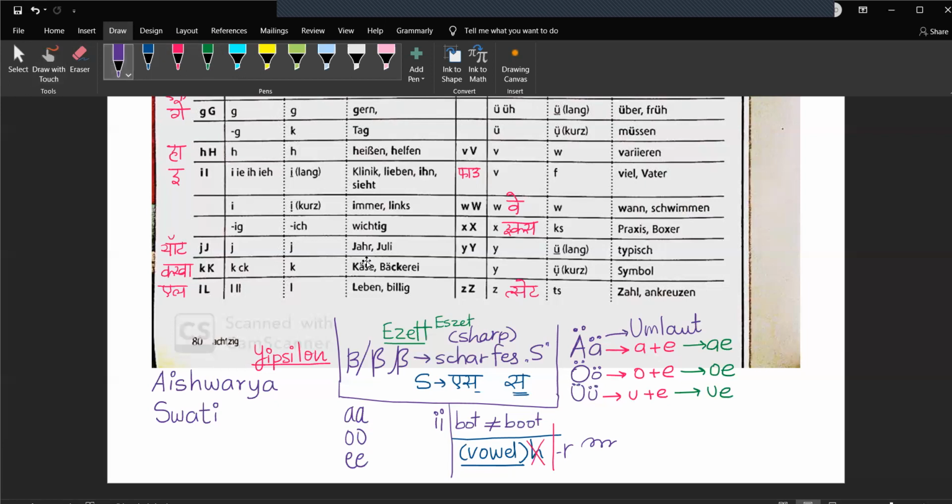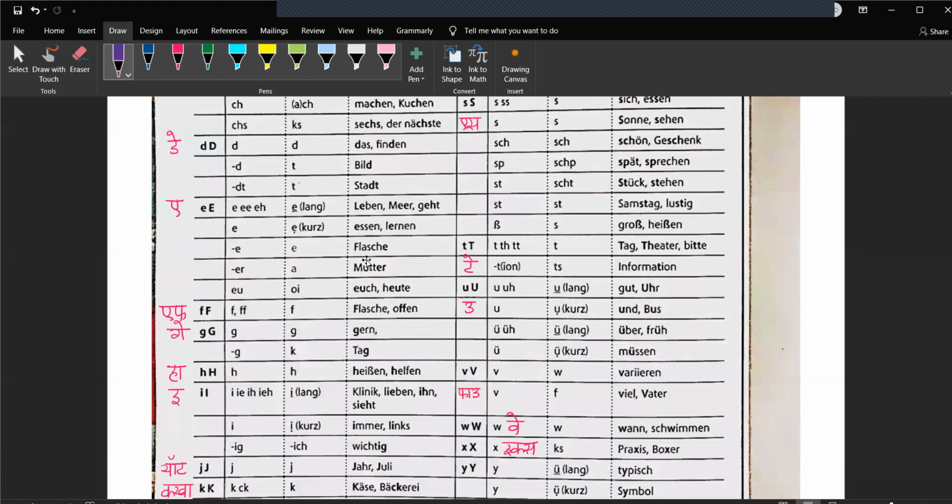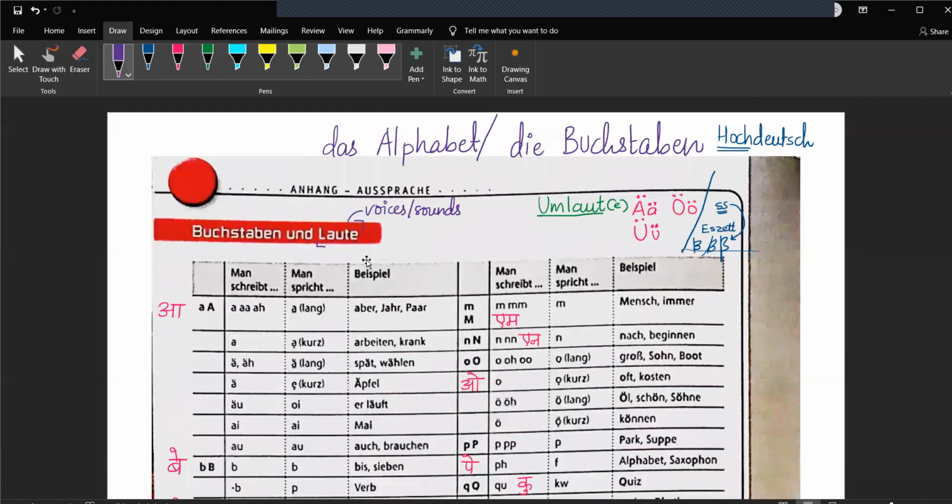Now, what you have in this table, and this has been uploaded on the drive as well: first, you have the characters, the original alphabet. Then you have how one writes it. And then the next column is about how one speaks it. And this column belongs to the Beispiel, which means example.